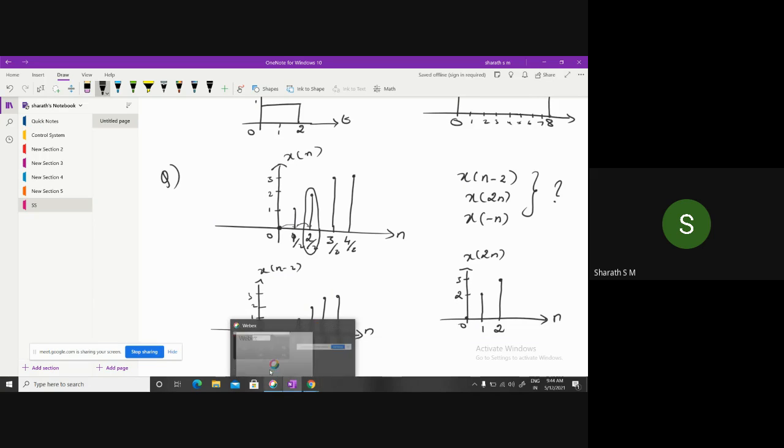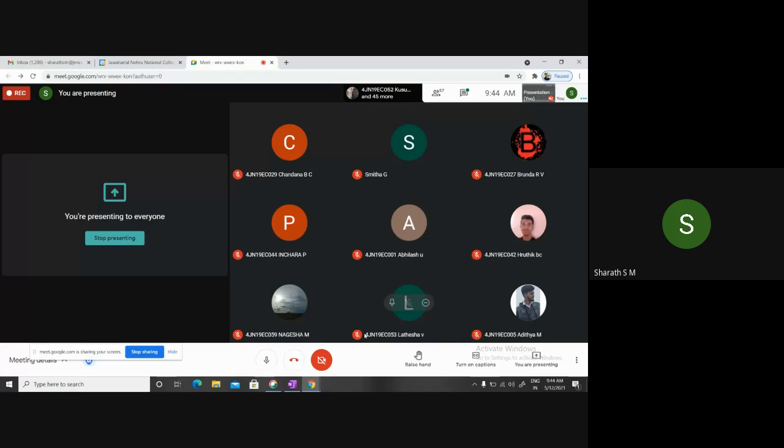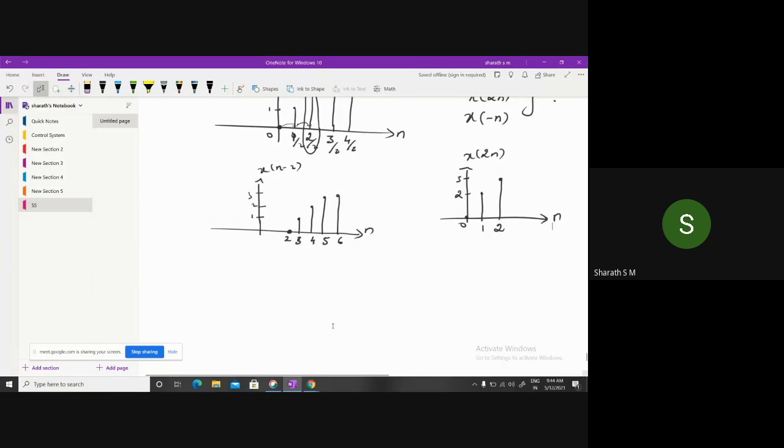The last one is x of minus n. X of minus n means reflection operation.